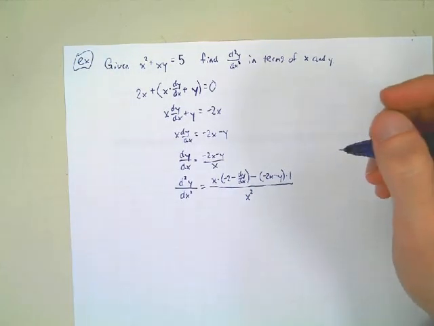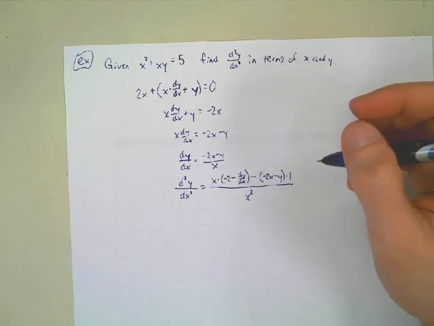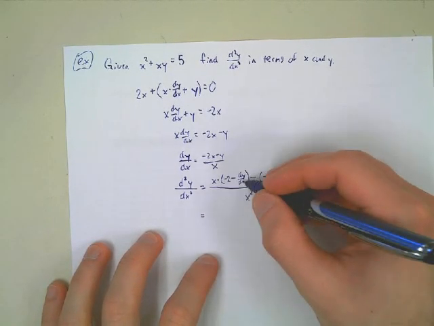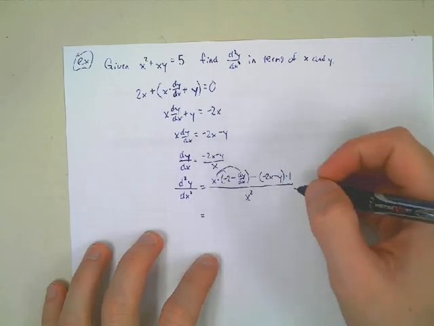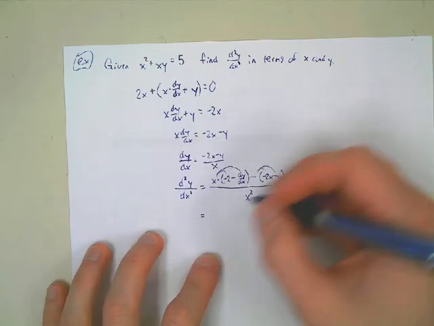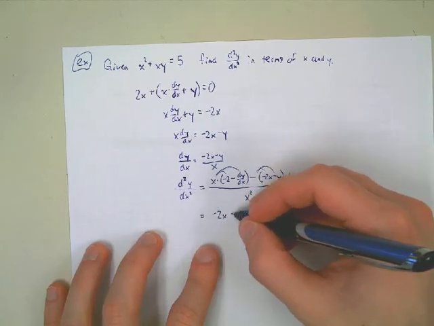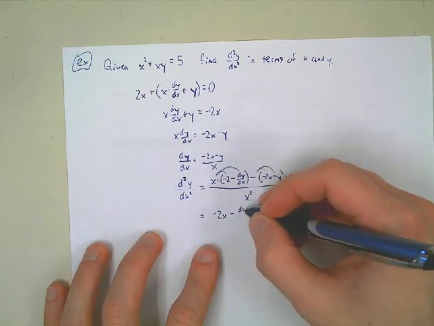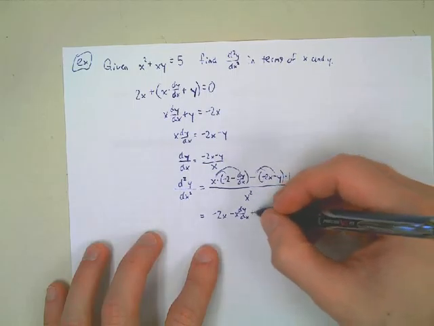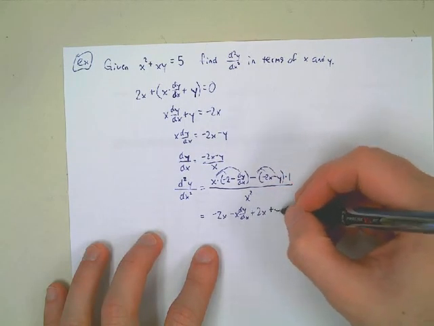All right, so I'm going to do some simplification here first before we worry about this. So the x I'm going to distribute to the negative 2 and to the dy dx. This minus will also distribute to the negative 2x and the negative y, so we get negative 2x minus x dy dx, plus 2x plus y, all over x squared.